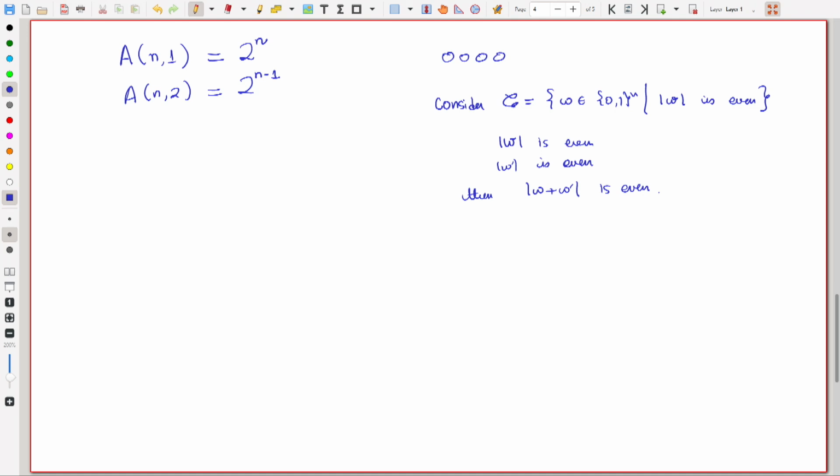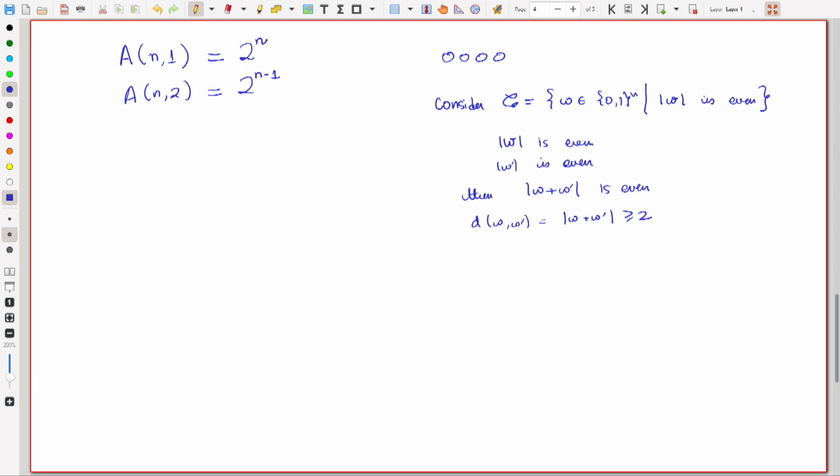So for W not equal to W prime, the distance is the weight of W plus W prime, which is even, so it has to be greater than or equal to 2 because it cannot be 1. So the code consisting of all words W with an even number of ones has Hamming distance 2.